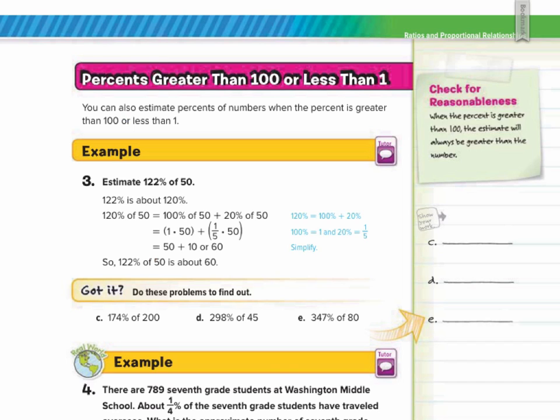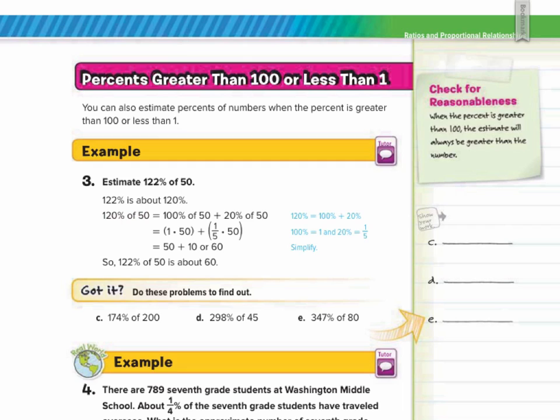As we continue on, what if we're looking for percents greater than 100 or less than 1? You can also estimate percents of numbers when the percent is greater than 100 or less than 1. So for example, guided example 3, estimate 122% of 50. Well, 122% is about 120%, and to find 120% of 50, what we can do is break it apart.